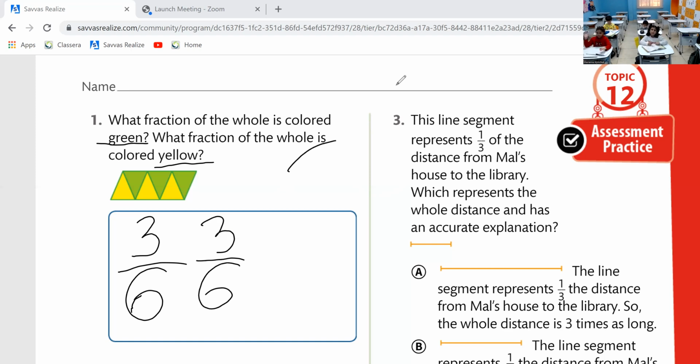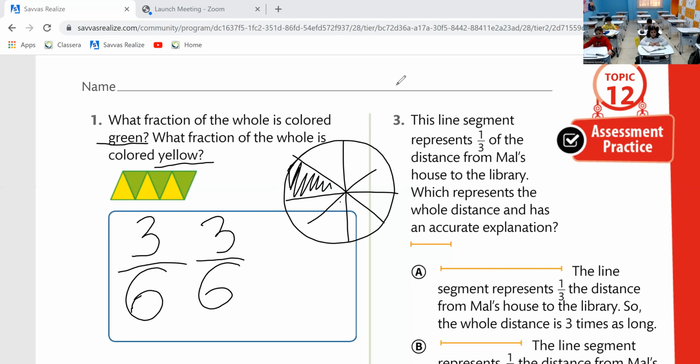Okay. If I draw a picture for you like this, look, I'm drawing a picture like this. Now the question is, Sally, how many parts are shaded?